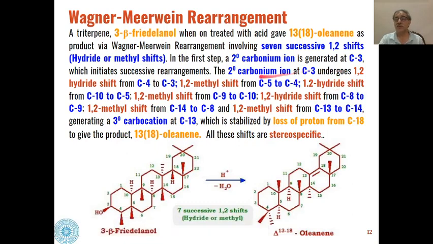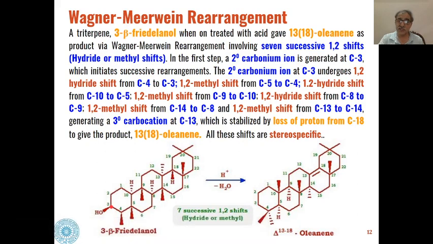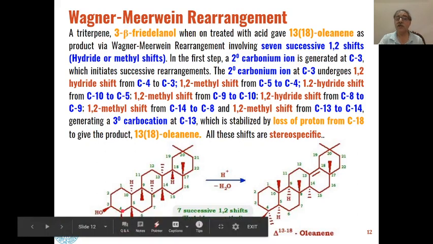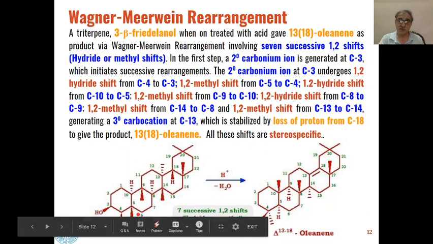So the first is a 1-2 hydride shift from C4 to C3. This is C4. Hydride from here is shifted to C3. That means the carbonium ion will shift to carbon 4. Here it was a secondary carbonium ion, now it will be a tertiary carbonium ion. Then after that, a 1-2 methyl shift from C5 to C4. So this methyl will shift from C5 to C4.